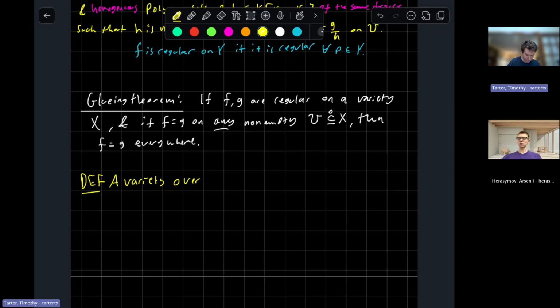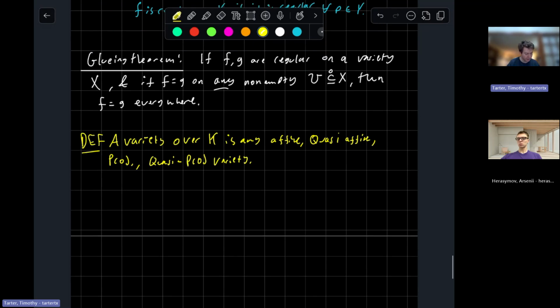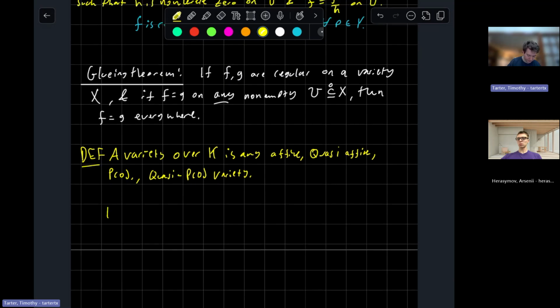A variety over K is any affine, quasi-affine, projective, or quasi-projective variety as we've defined.